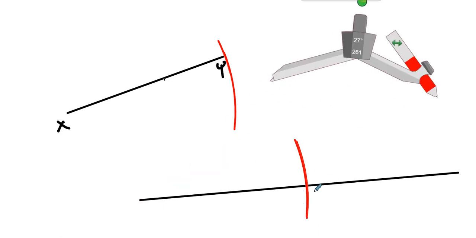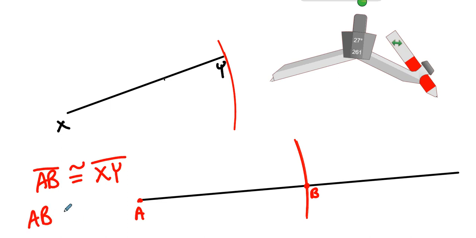And so if this is point A and this is point B right here, then we know that segment AB is congruent to segment XY, or the length AB is equal to the length XY.